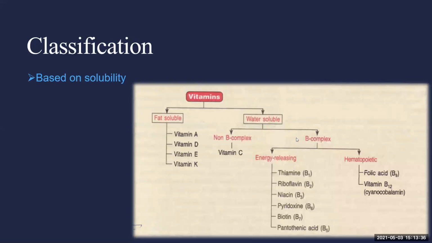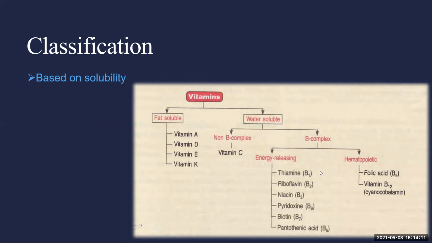B complex has two more categories that we are not focusing on. We'll focus on all of these together: B1, B2, B3, B6, B7, B5, B9, and B12. So far, B4 and B8 are not identified. Maybe in future classes, maybe next year for MLTs, you might study B8 or B4. It is possible, but right now these are the vitamins that are present.